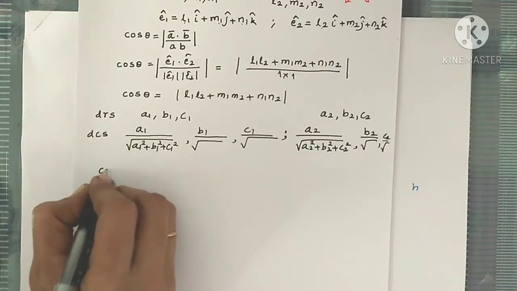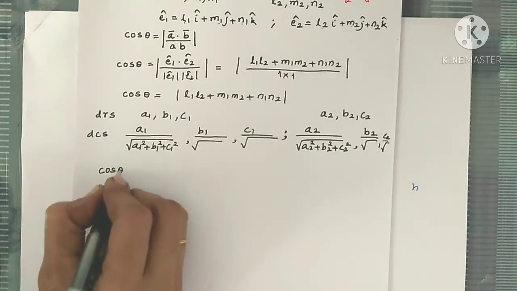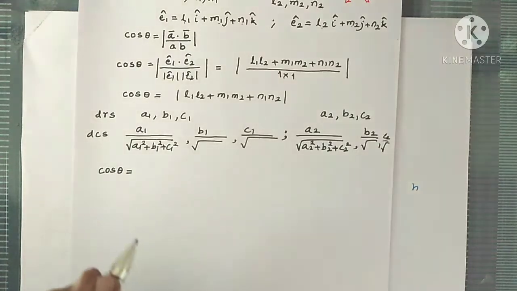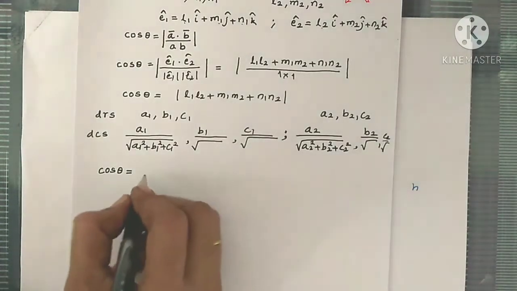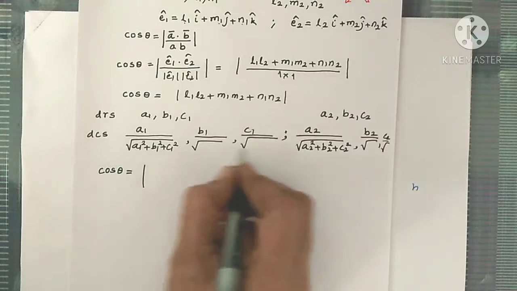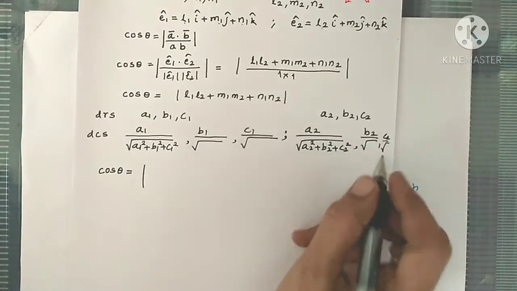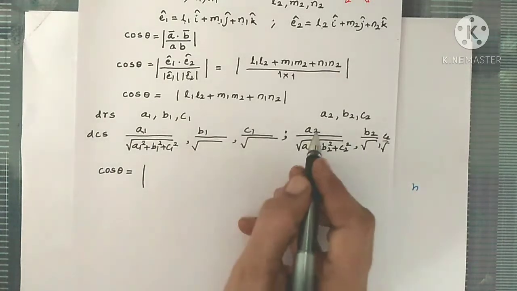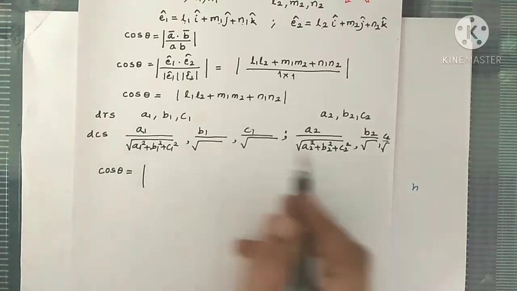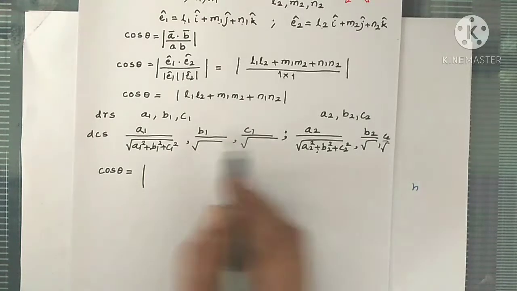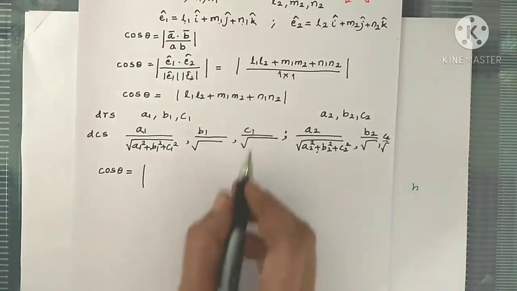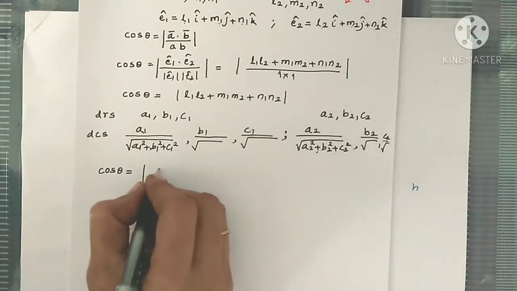So cos theta, as it is L1 L2 plus M1 M2 plus N1 N2, where these are L1, M1, N1 and L2, M2, N2, is now A1 A2 upon this root multiplied by this root, plus B1 B2 upon the same two roots, plus C1 C2 upon the same two roots.